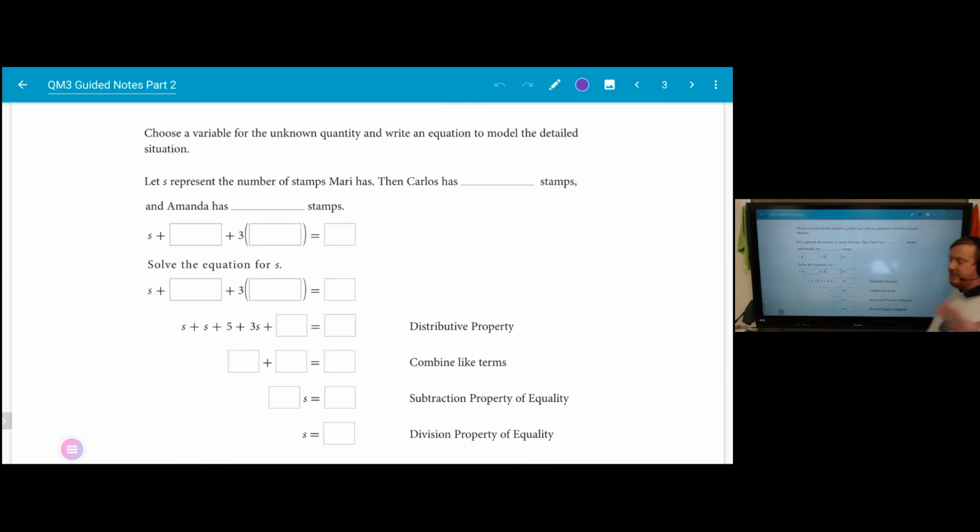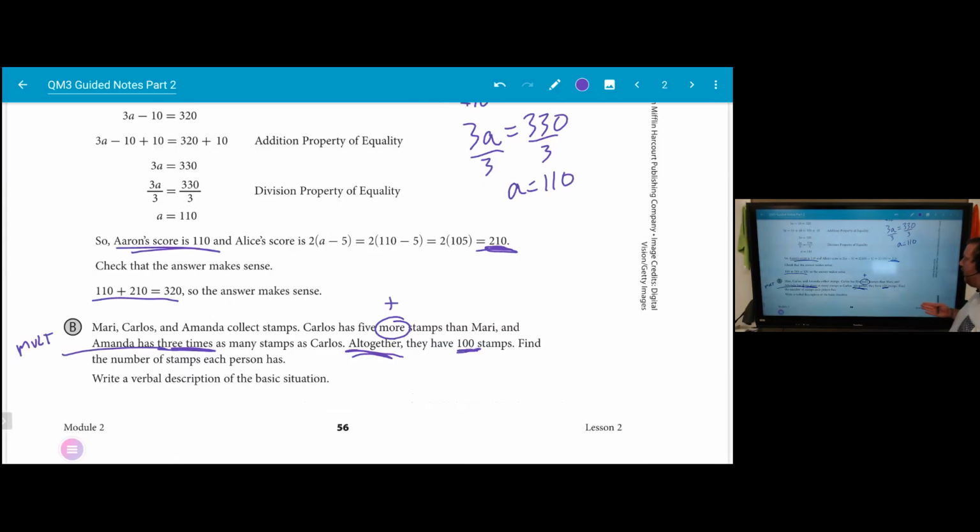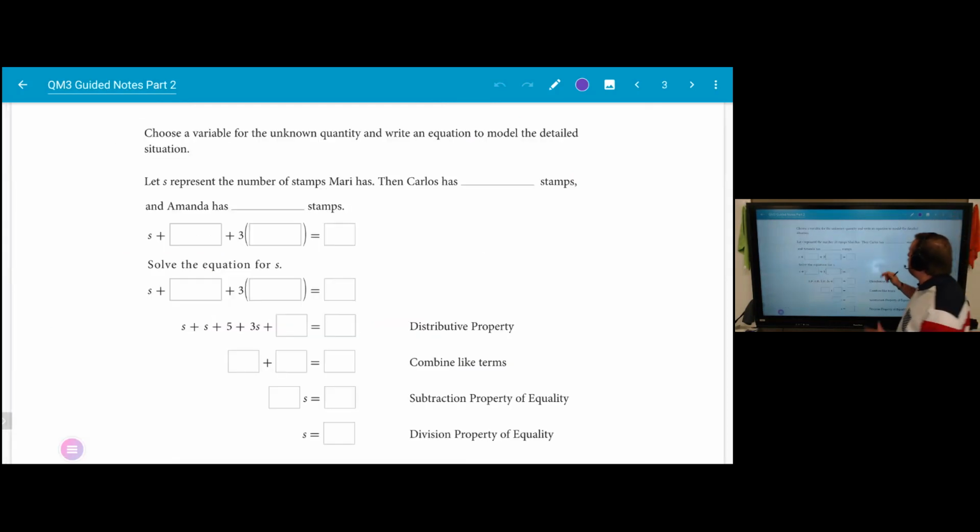We're going to take S, and we're going to say that's the number of stamps that Mari has. Carlos, how does Carlos compare to Mari? Carlos has 5 more than Mari. So Carlos has S plus 5.